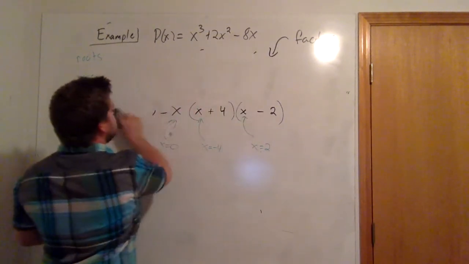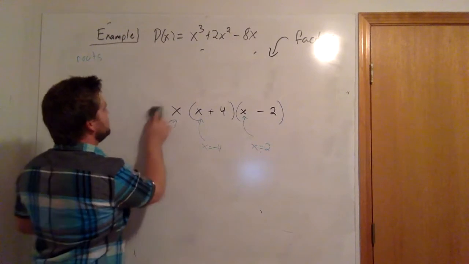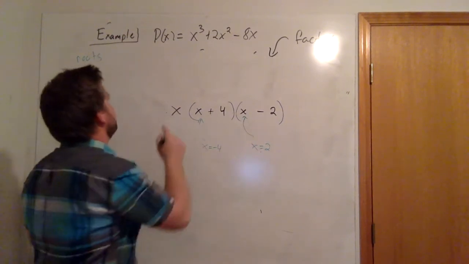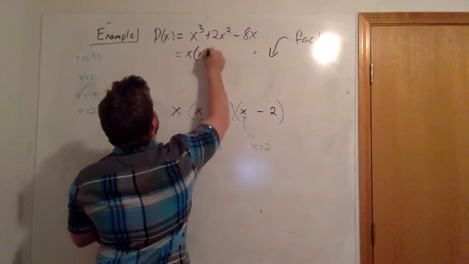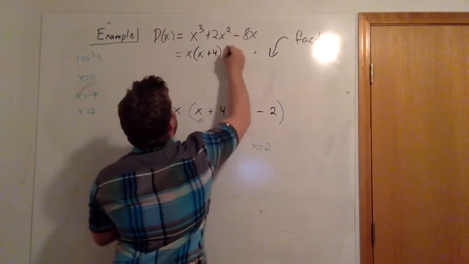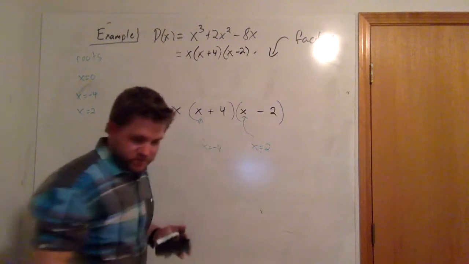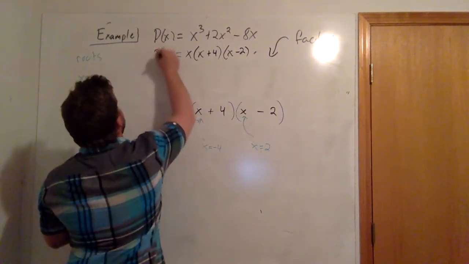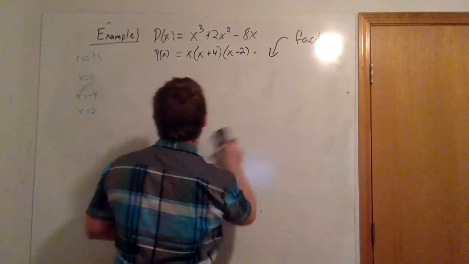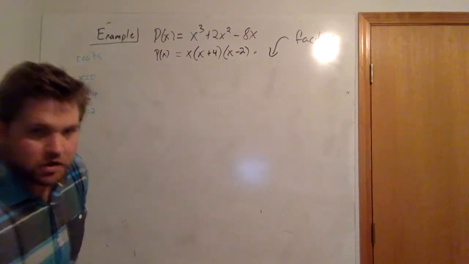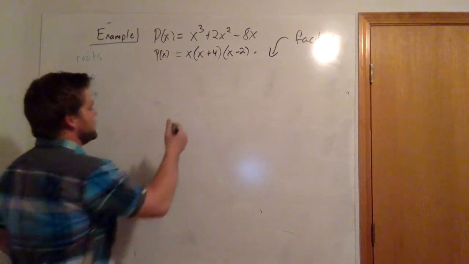What I want to do here is let's leave the factored form of this polynomial up. So p of x is the same thing as x times x plus 4 times x minus 2. So we factored it. So this is what we know about the graph.